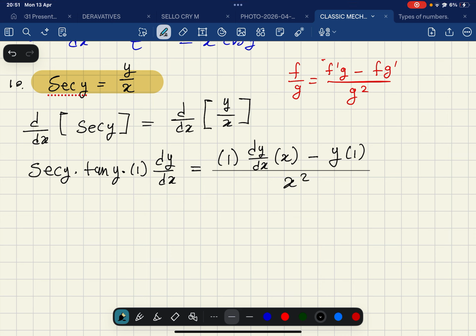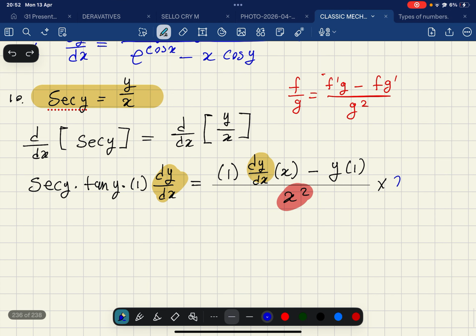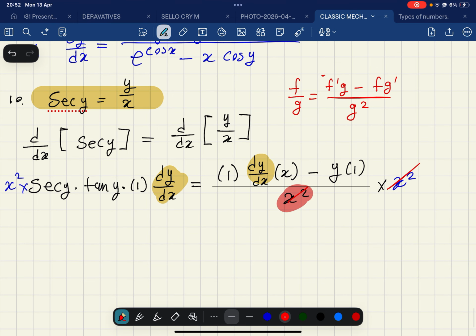So remember, my aim here is to find dy over dx. So I will have to multiply both sides by x squared. Let me change the color. I multiply both sides by x squared there, so that this one cancels that one.